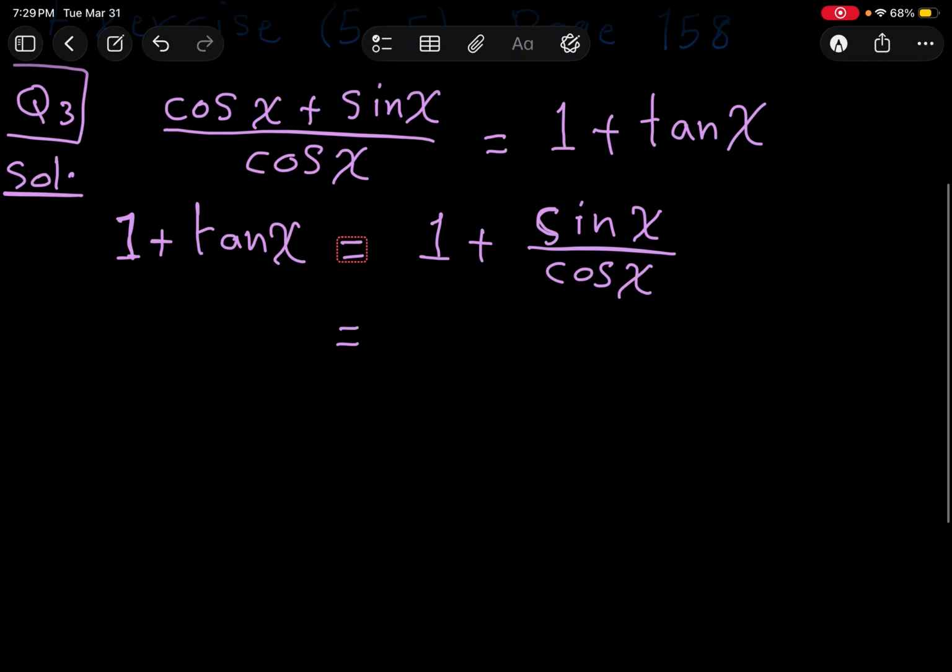We should equate the denominators. How? Equate them, okay? Cosine x as a common denominator.